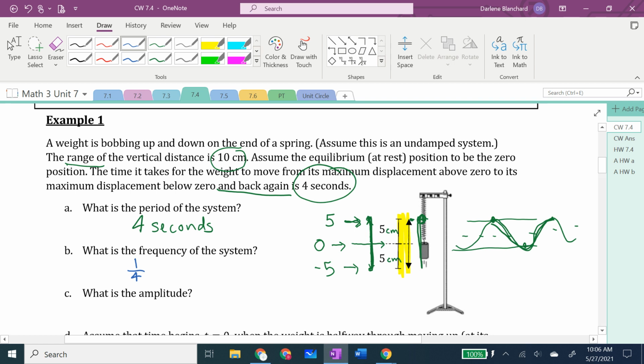It's representing how many cycles you have per unit of time. So what it's saying is every 1 second that passes, you will only go 1/4 of the way through your cycle.